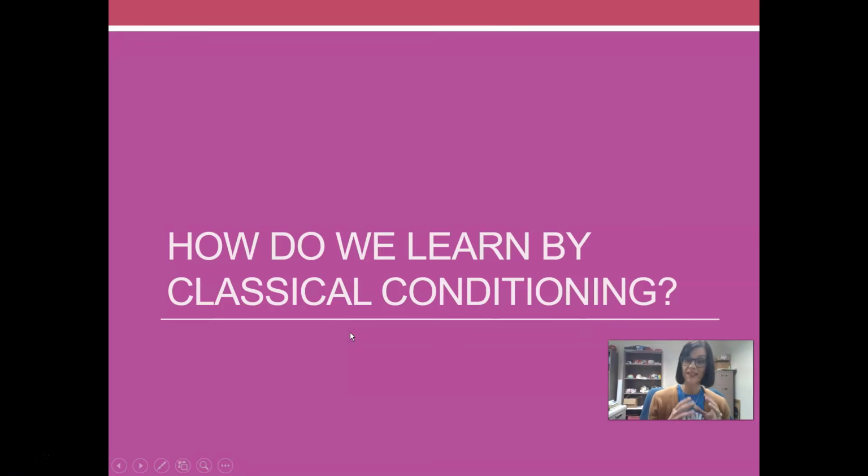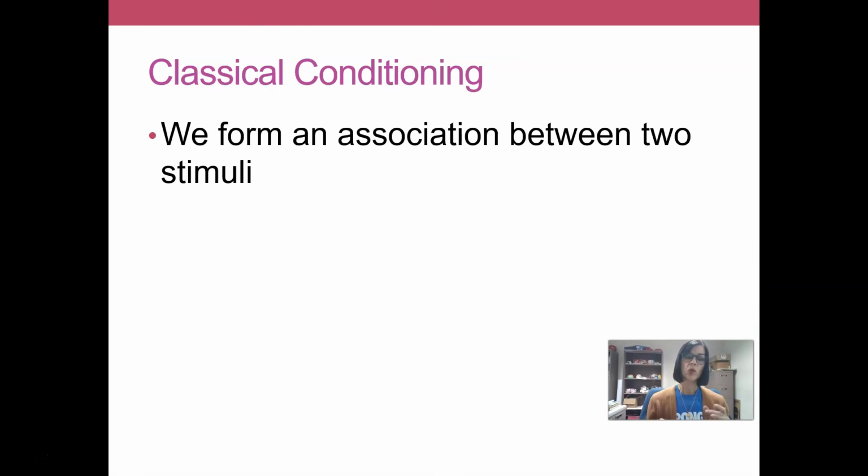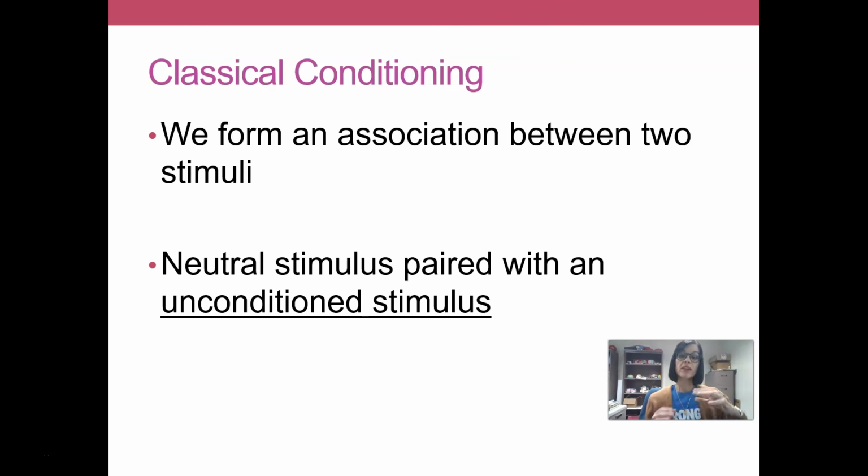So we're going to start by talking about classical conditioning first. So how do we learn by classical conditioning? So classical conditioning occurs when we form an association between two different stimuli. So here's what's really critical about these stimuli.